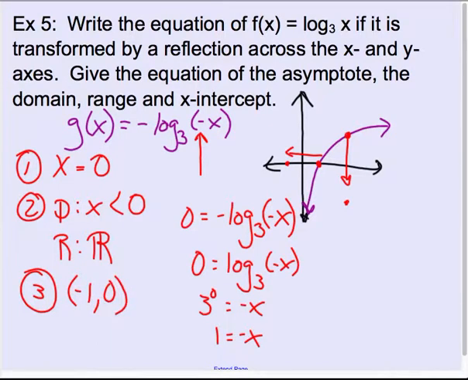And if you remember, our original x-intercept is 1, 0, because log of any base of 1 equals 0, because b to the 0 power equals 1. So when we did the double reflection, it reflected it to negative 1.